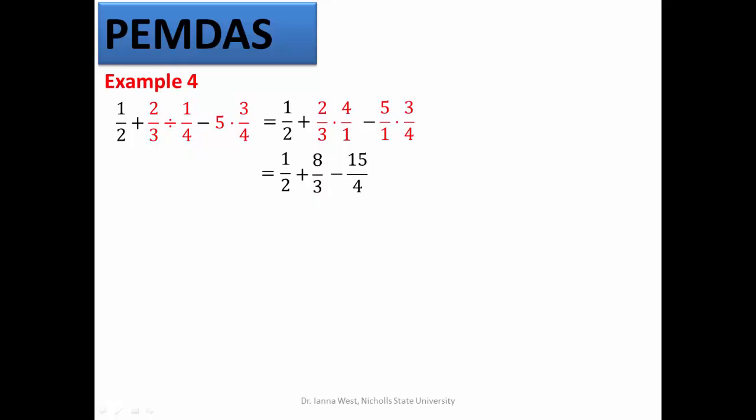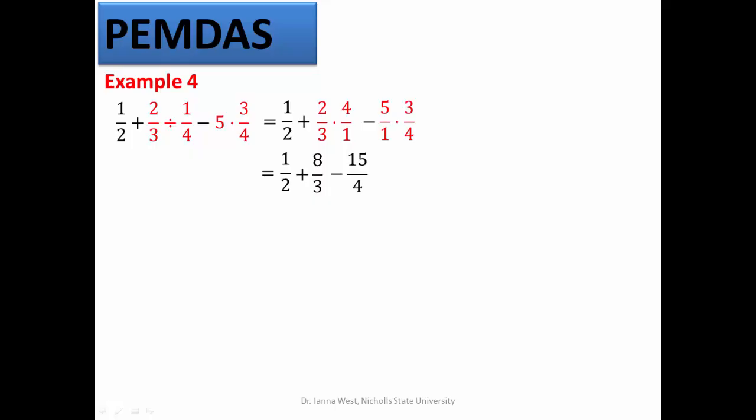Before we perform the indicated operations from left to right, we will first find a common denominator for all three fractions. The smallest number that all three denominators will divide into evenly is 12.